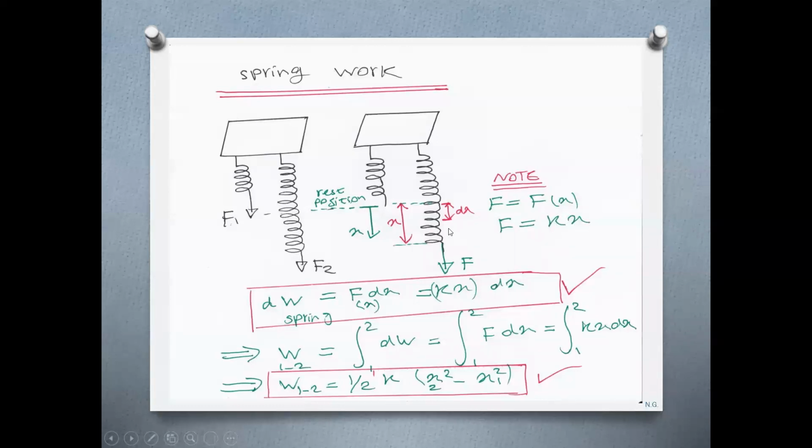Then add them up: you take the integral from 1 to 2 of the differential work, kx dx. You can take k out, it's constant, and the integral of x dx is half of x squared. Then you apply the upper and lower bounds, so it becomes one half k times (x2 squared minus x1 squared). That's how you calculate the work done by this spring.